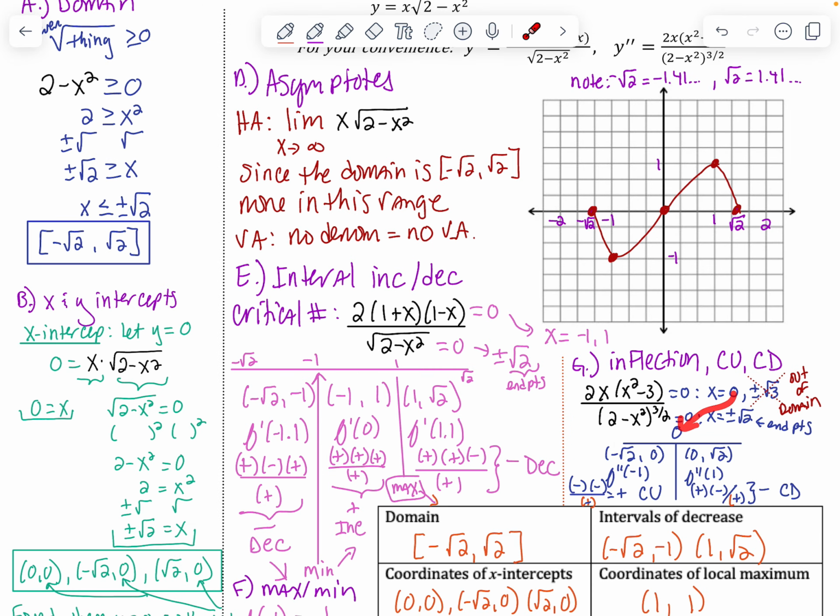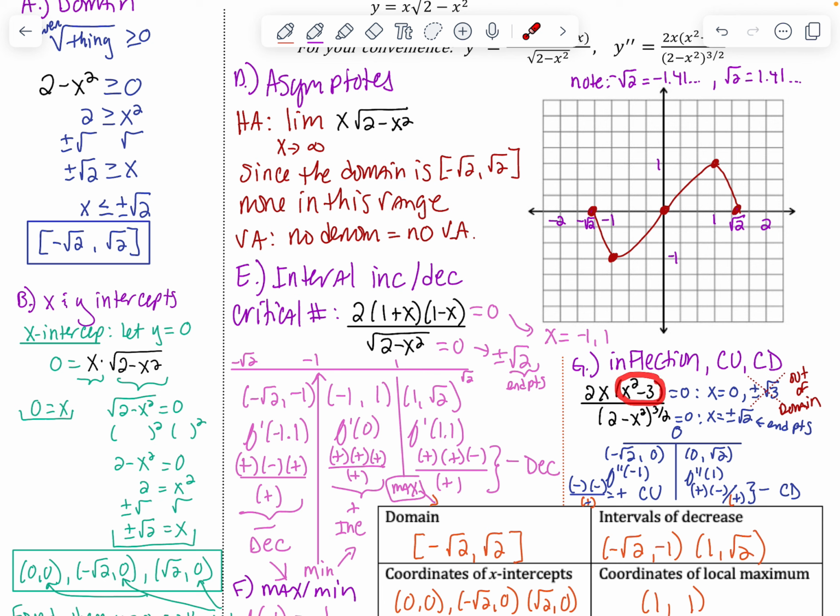So taking my one critical number, it's not technically called a critical number, it's my inflection point, I'm going to break up my graph between my domain, right? So I have negative square root of 2 to 0 and 0 to square root of 2. Pick a point in that region, and I'm plugging it into the second derivative. -1 will give me a negative in the first piece.